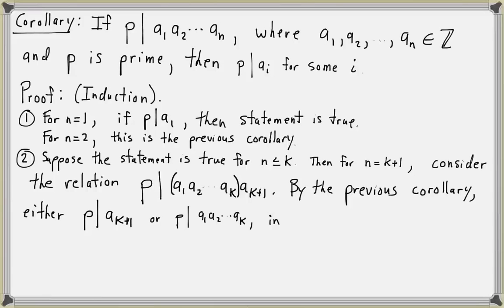In this case, by our inductive hypothesis, p would have to divide ai for some i between 1 and k.